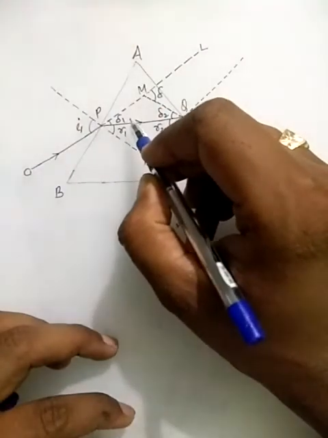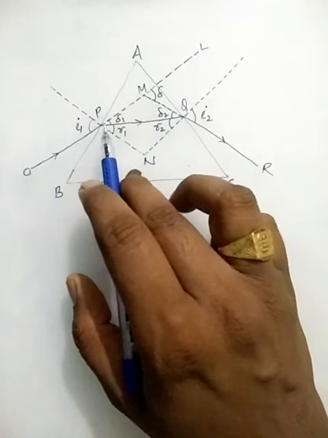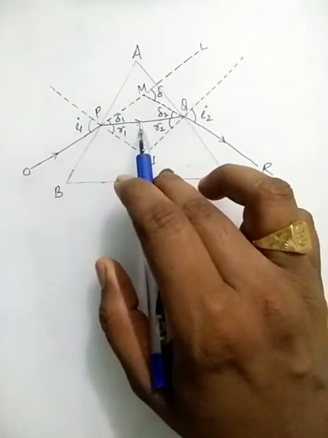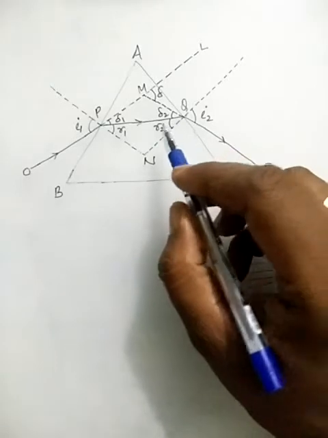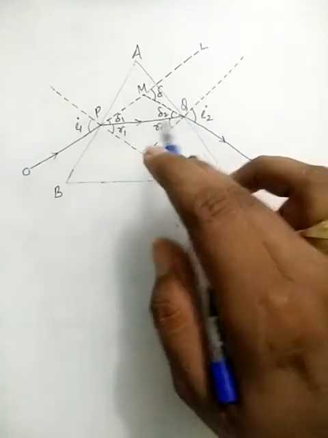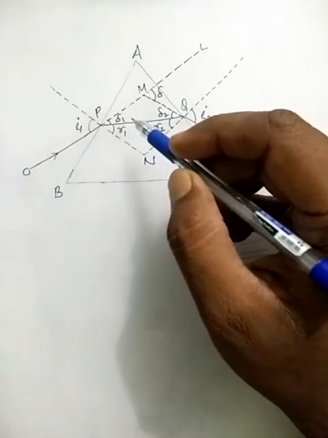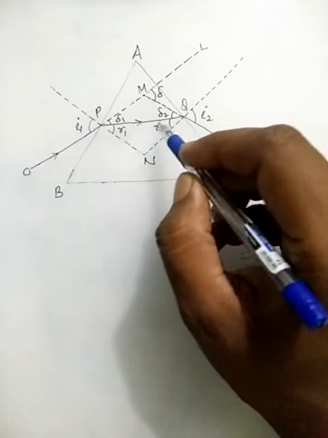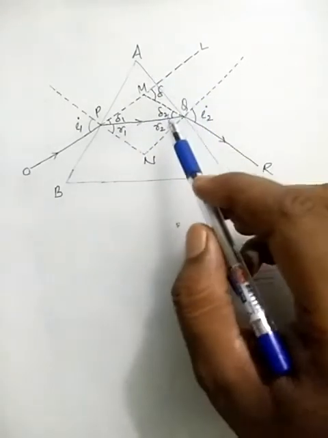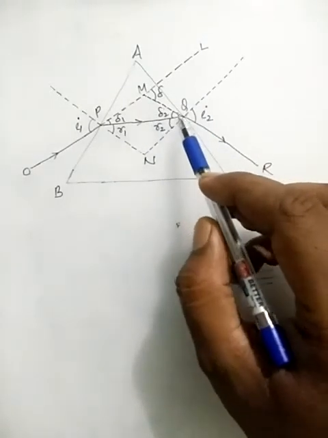Delta 1 and delta 2 are the two deviations. Delta 1 represents the deviation between the incident ray and the refracted ray, and delta 2 represents the deviation between the refracted ray and the emergent ray.